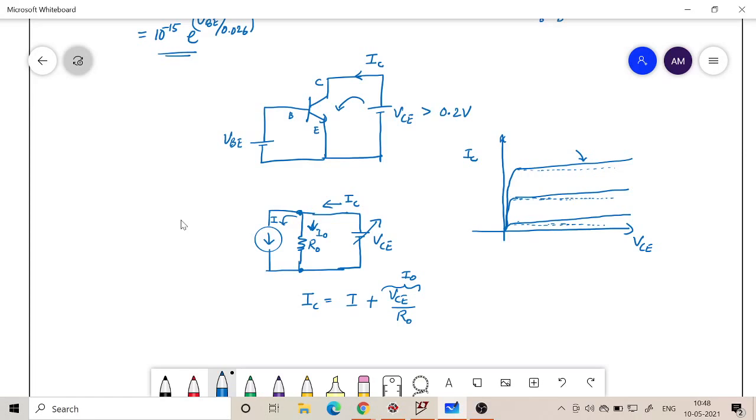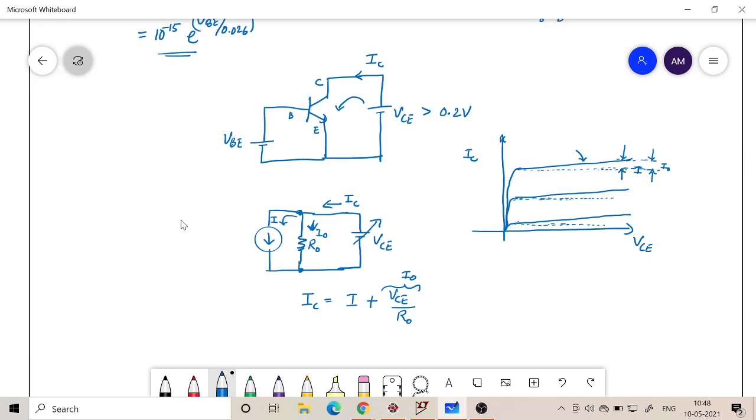And how much is that current? That current is VCE by R naught, so that is depending upon VCE. As VCE increases, that portion of the current increases. So the dotted line is basically showing our I, and to that I need to add another current, which is my I naught.